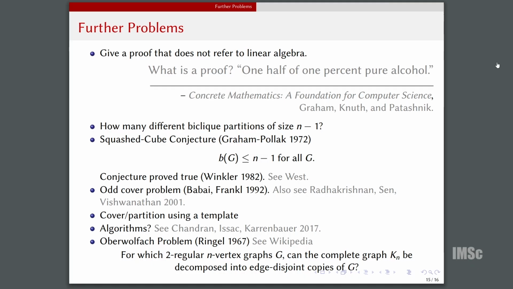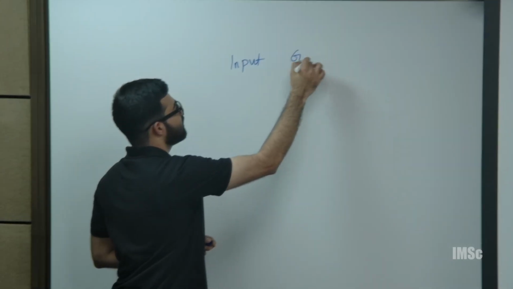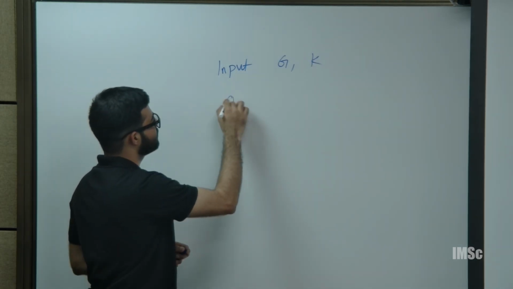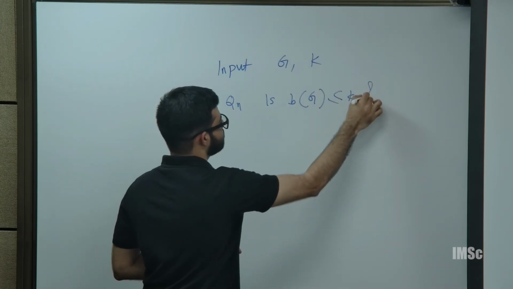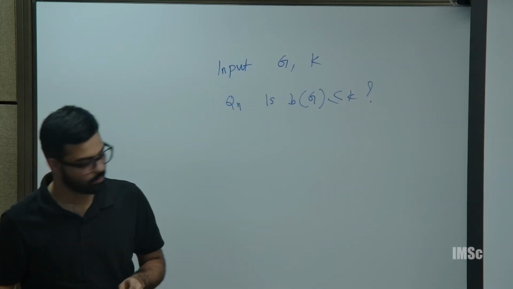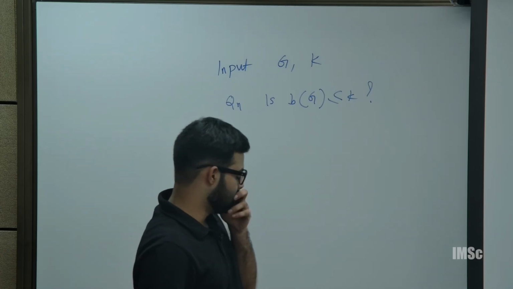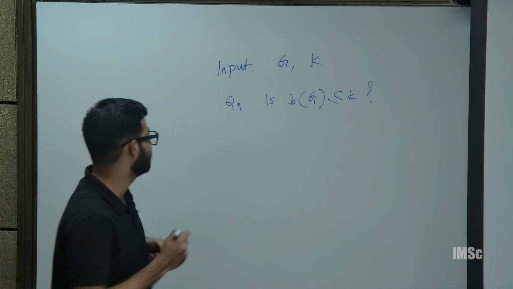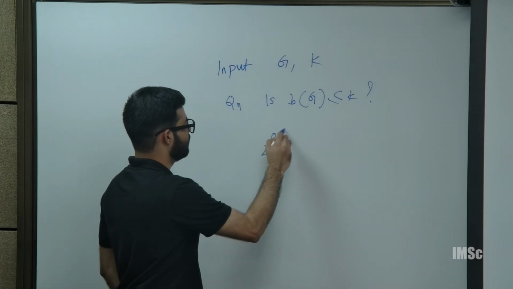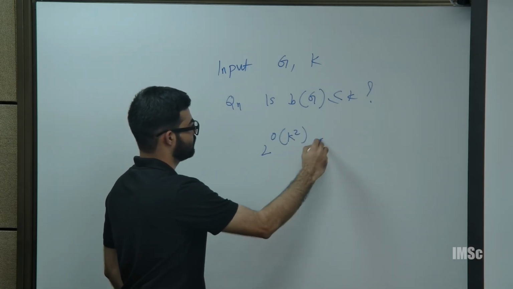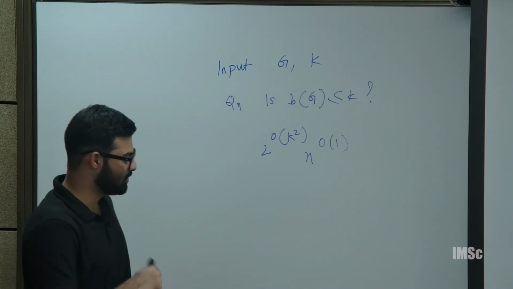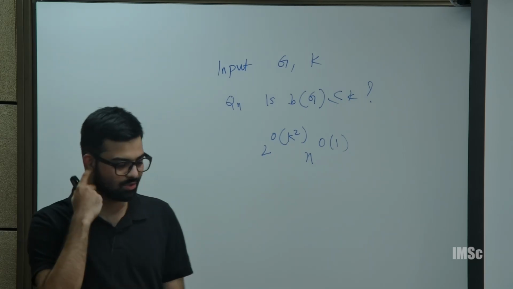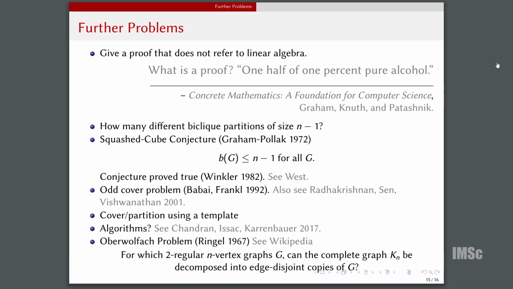Your input is a graph and you are given some parameter k. Your question is: is the biclique partition number of this graph at most k? This is the decision problem one could think about. And they gave, I think, an algorithm running in time 2 raised to order k square times n raised to order 1. I think this is also the best algorithm. It uses linear algebra, so it would also be interesting to do it without linear algebra if someone is interested.